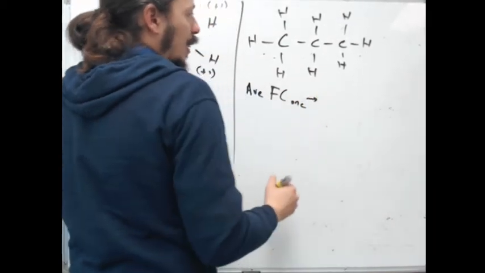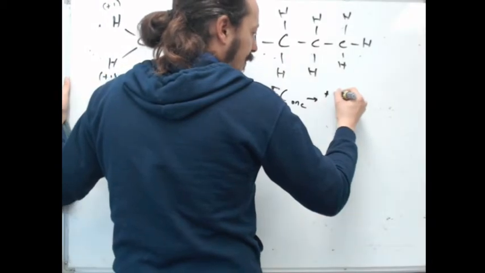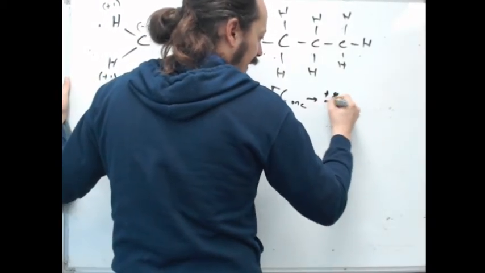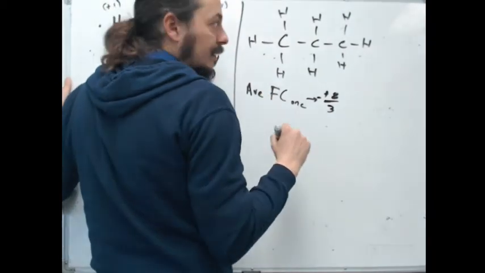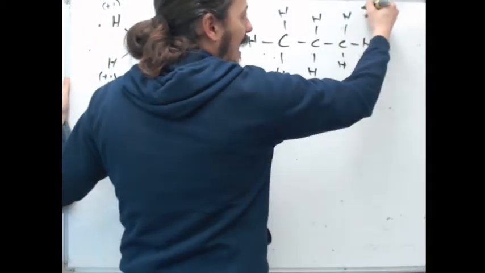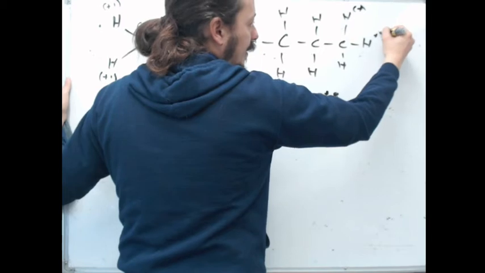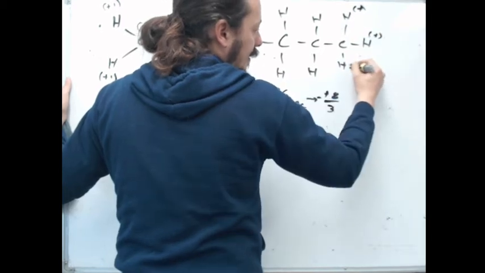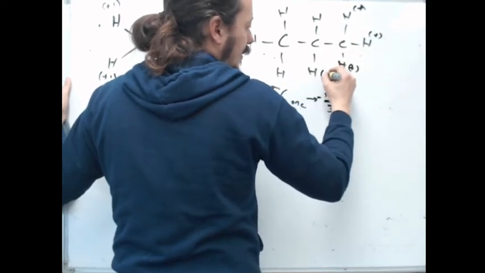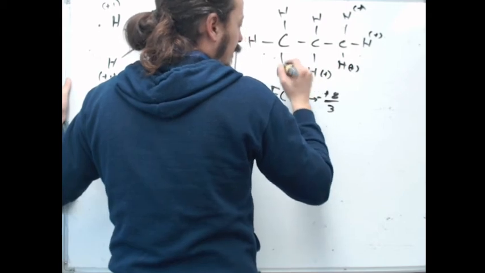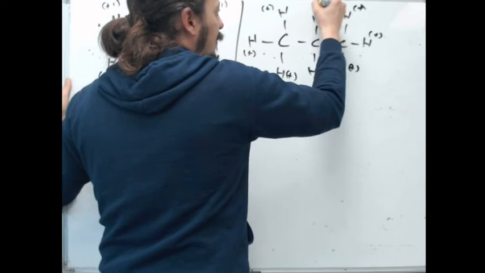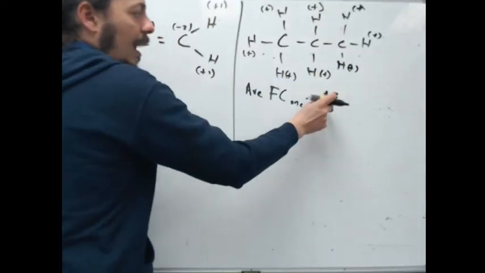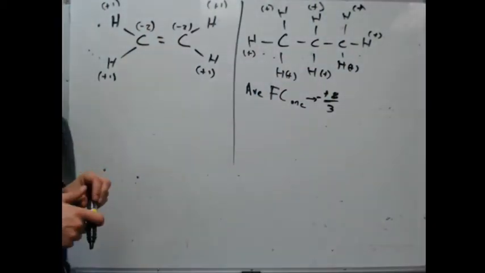The average formal charge on carbon is going to be plus 8 divided by 3, and the negative version of that, right? Because I've got plus 8 for my 8 hydrogens. That's a hydrogen. And the carbons must be the opposite sign of that charge to balance it.